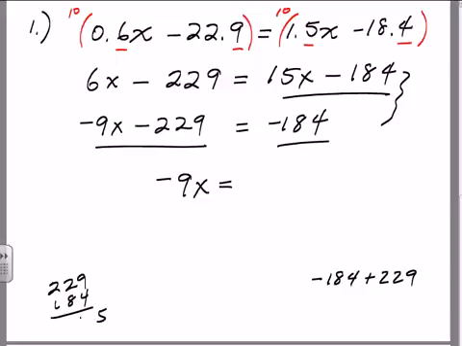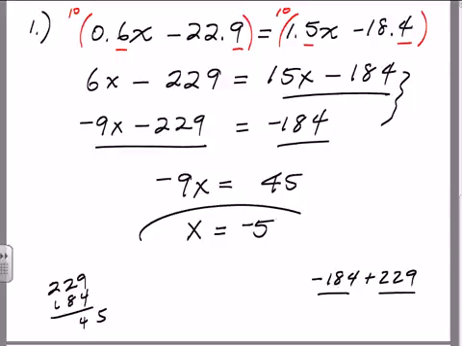When I find that difference, I get 45. That's the number part, and then the sign depends on which number is bigger, ignoring the sign. The positive is bigger, so we get a positive 45. Divide both sides by a negative 9, x equals a negative 5.